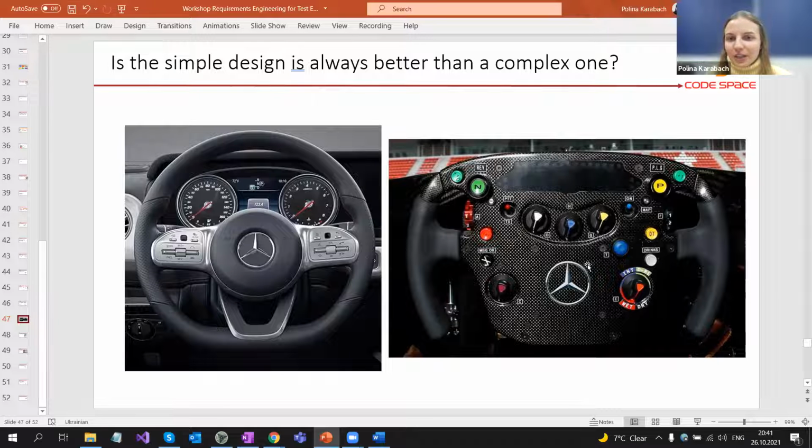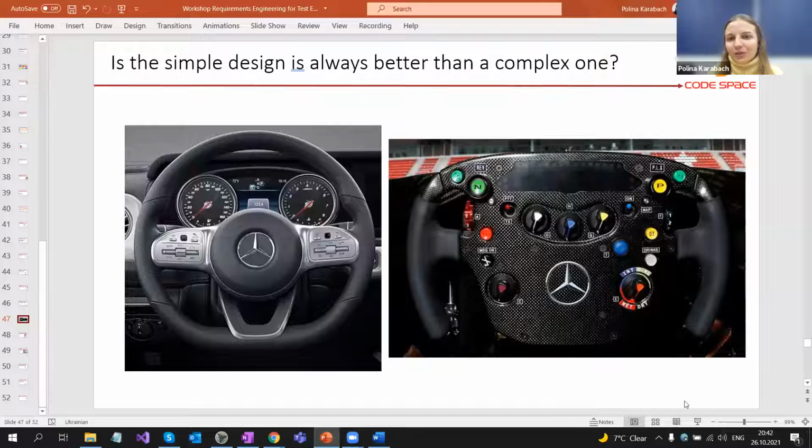So it's very user-friendly for Formula One racers, but absolutely a different story for the regular driver. Same for the left one: for a Formula One racer, this would not be a convenient steering wheel. So it's just an example of how different functionality serves different needs for different groups of users. That's why it's important to understand who our users are and then design the tool based on them.